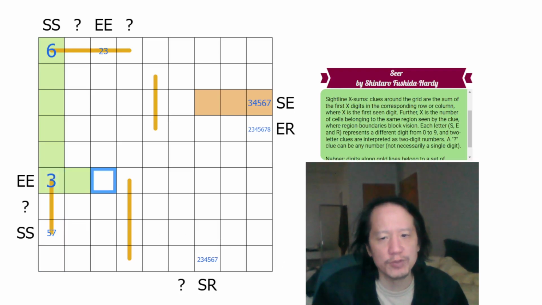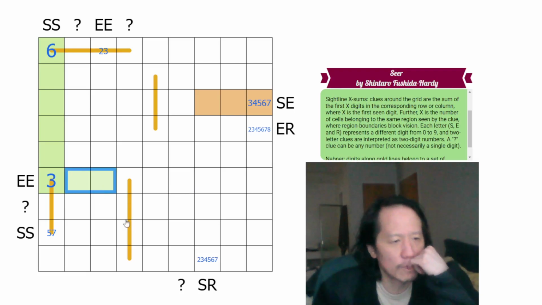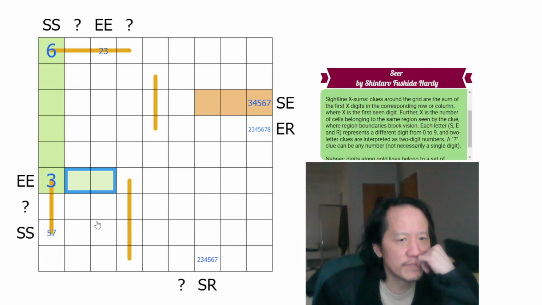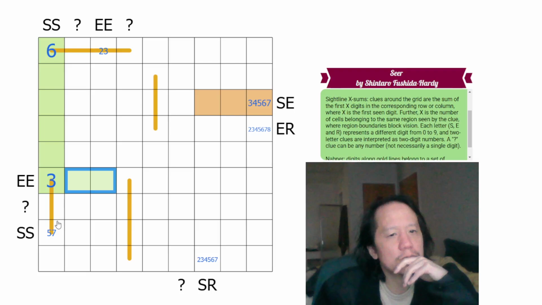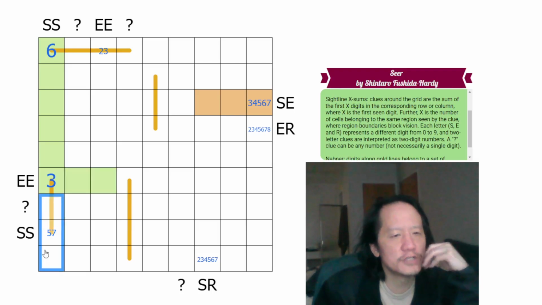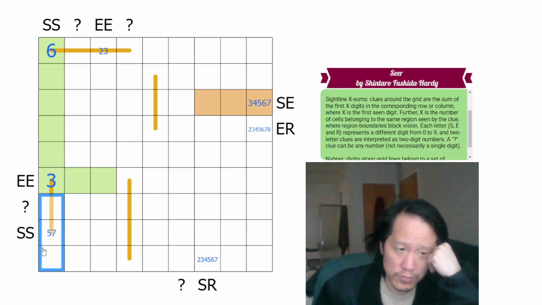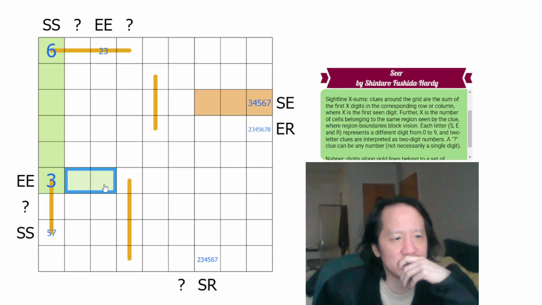This would have to be 3, which would force this to be another digit. These 3 digits would have to add up to 12. These digits would have to add to 11.